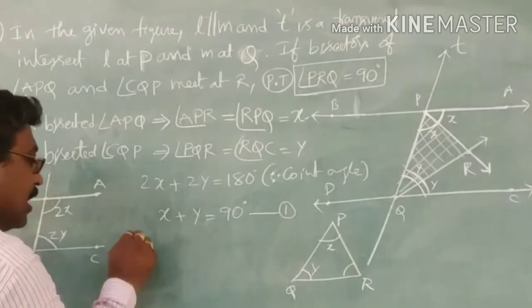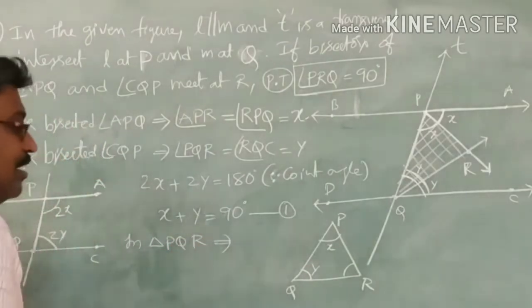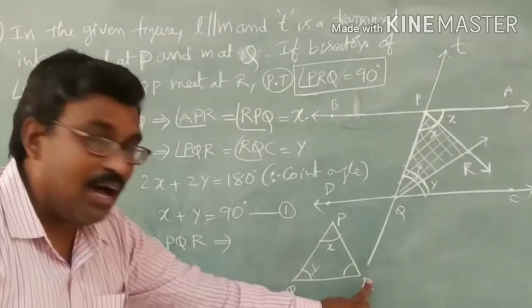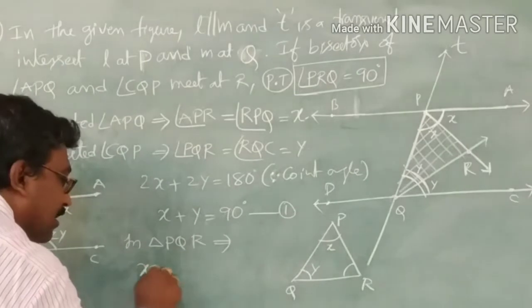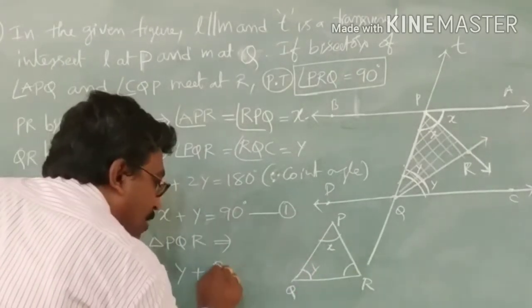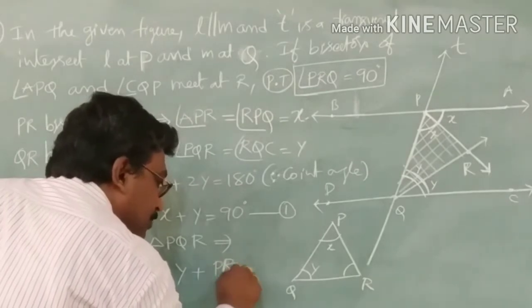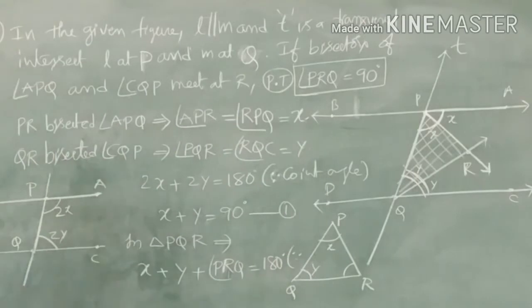Now, in triangle PQR, the sum of three angles is equal to 180 degrees. X plus Y plus angle PRQ is equal to 180 degrees, since it is the angle sum property of a triangle.